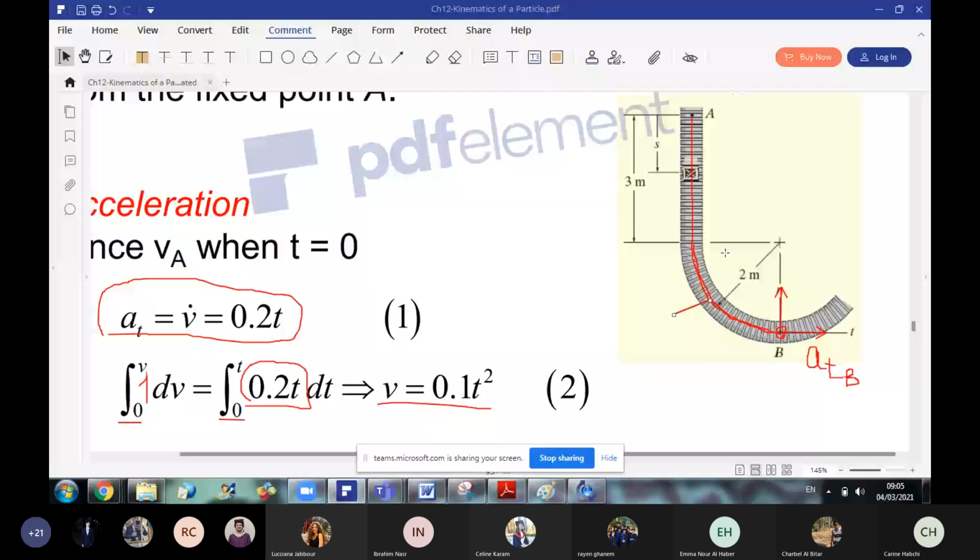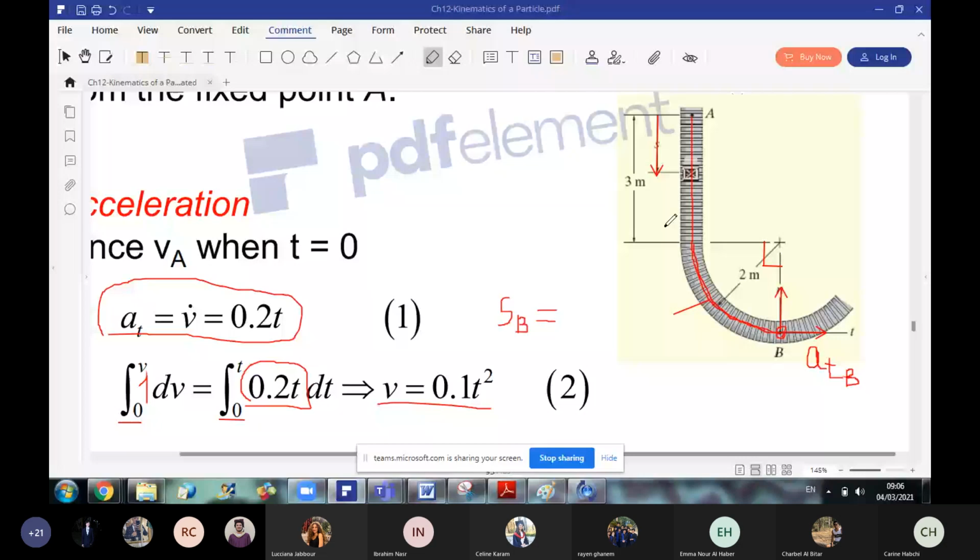Because we are working in curvilinear coordinates, s represents at any point the total distance traveled. So when I reach B, what will be s_B? s_B is equal to the total distance traveled, which is first the distance traveled during the rectilinear path, which is 3.